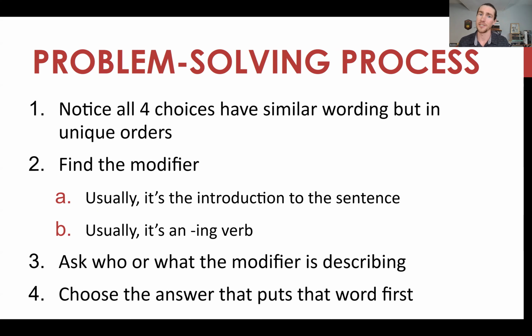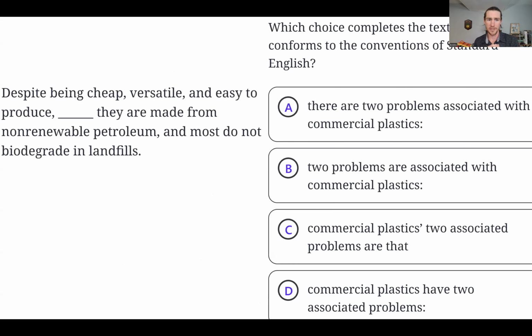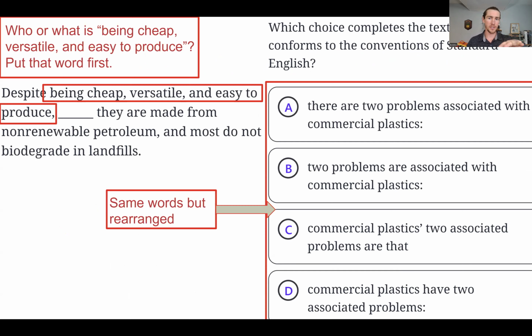Let's do some practices. Here's an example. So first, I want you to notice that all 4 choices have the same words, but they're rearranged. Like I said before, they all say two problems, they all say commercial plastics, they all say the word associated. But the words come in a different order.